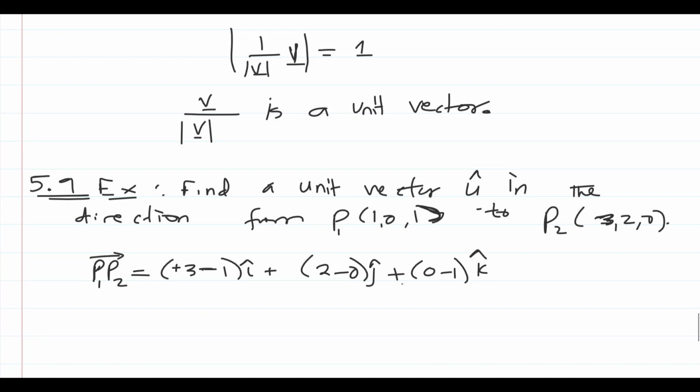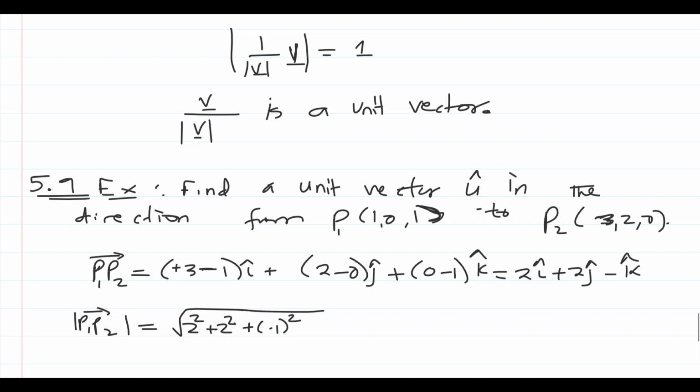If we do so, we end up with the vector 2i plus 2j minus k. But then we also need the magnitude. So for the magnitude of P1P2 as a vector, using the Pythagoras theorem, we just square these and take a square root. This gives us 4 plus 4 plus 1, which is 9, so we get a value of 3 as the magnitude.